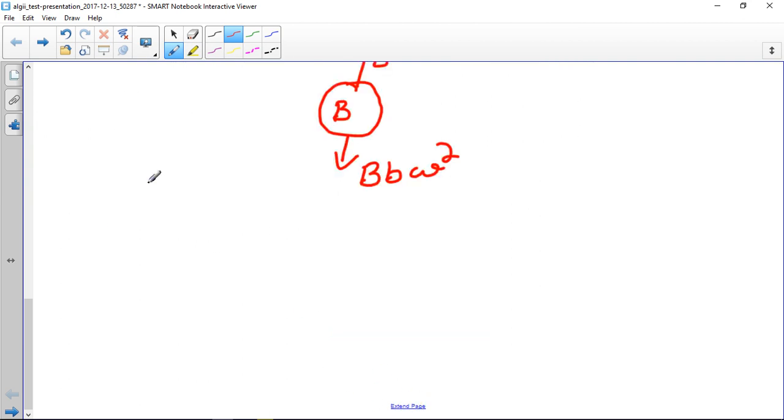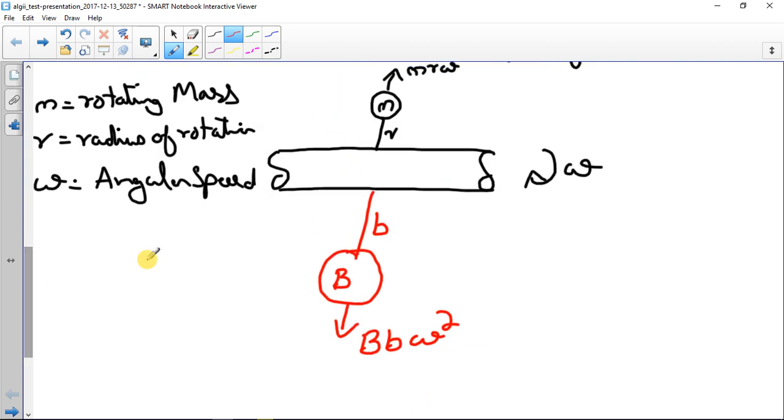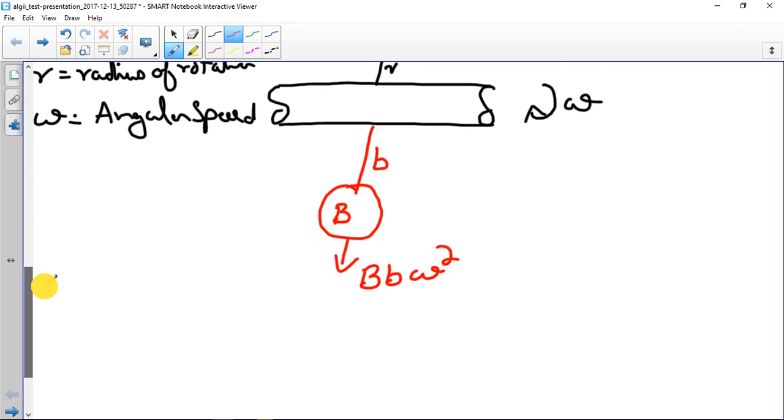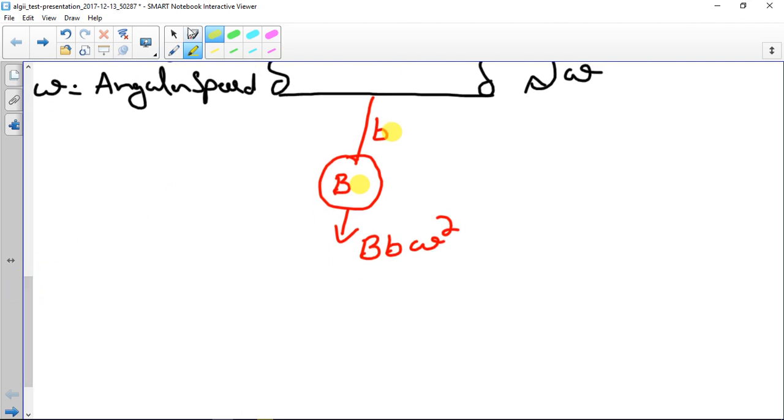Now the condition for balancing is that we should choose a mass B in such a way that it is countering the centrifugal force created by the mass M. So our condition should be M R omega square equal to B b omega square.